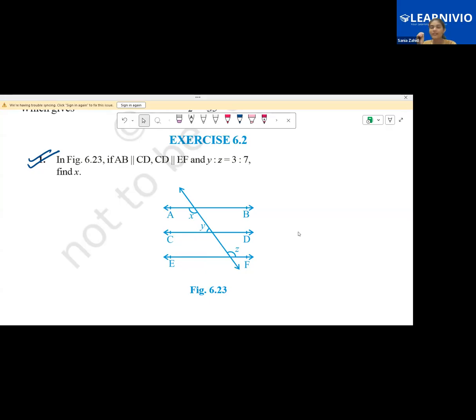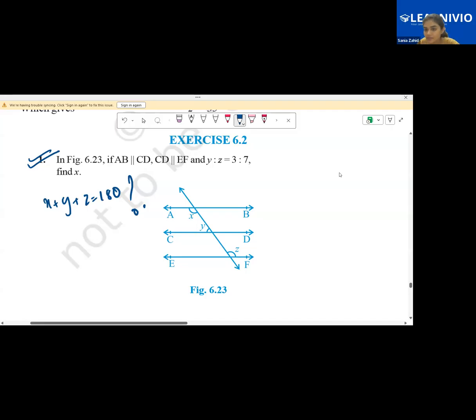Why is x plus y plus z 180? I did x plus y plus z is equal to 180 degrees. No, but why is the sum 180? Tell me the reason, Abdullah.